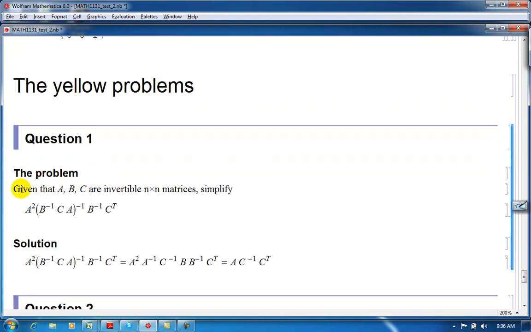We're given that A, B, and C are invertible n by n matrices, and we're asked to simplify this expression here. Well, let's write it down.